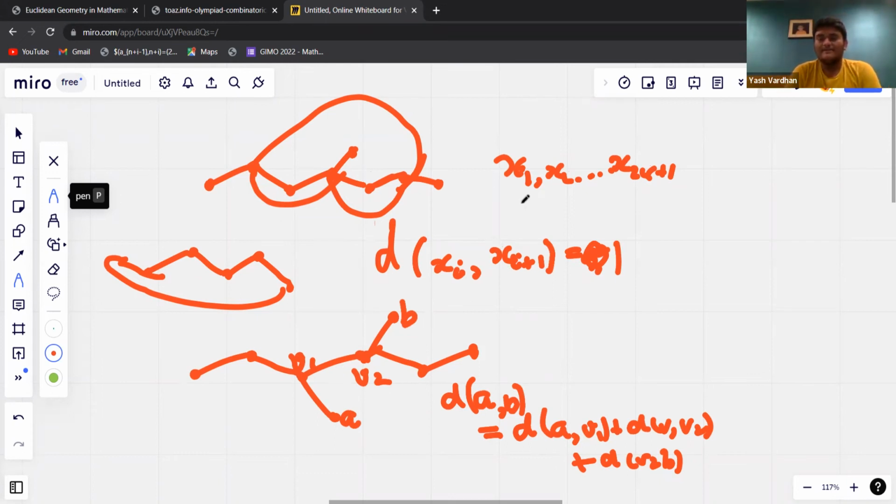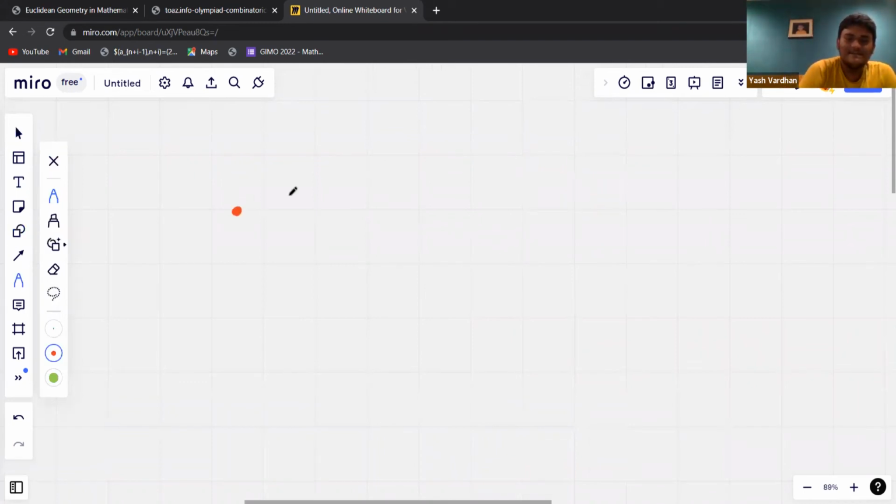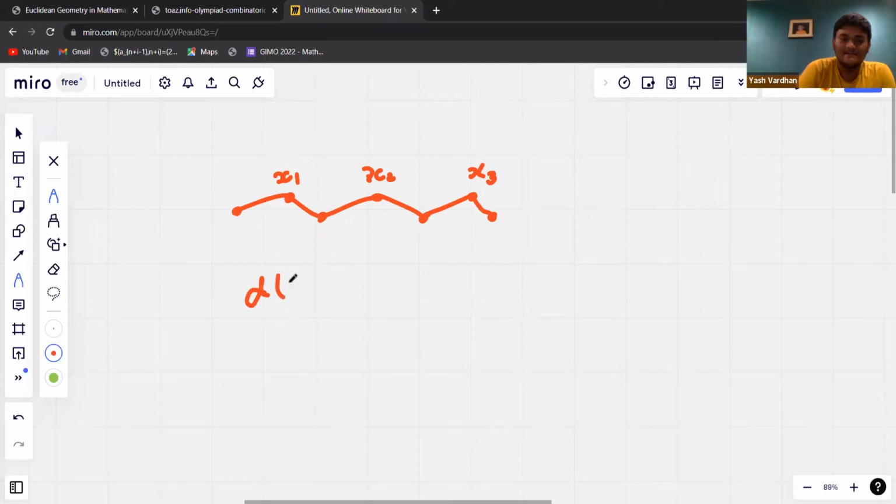What I'm trying to prove now, and one more thing about distances: if I consider three vertices on a path, not on different branches, say x1, x2, x3, then between any two vertices I can write d of x1, x2 is equal to plus minus d of x1, x3 plus minus d of x2, x3.